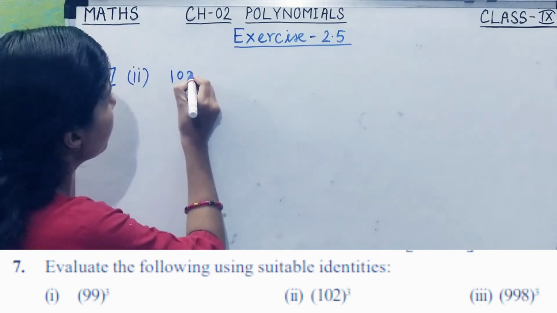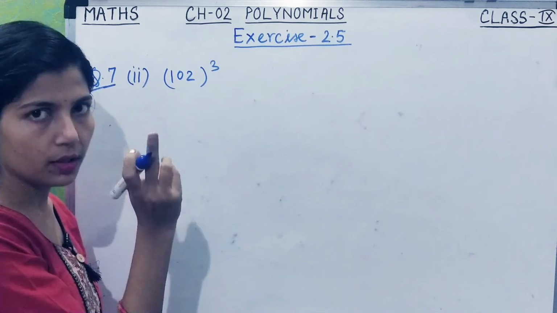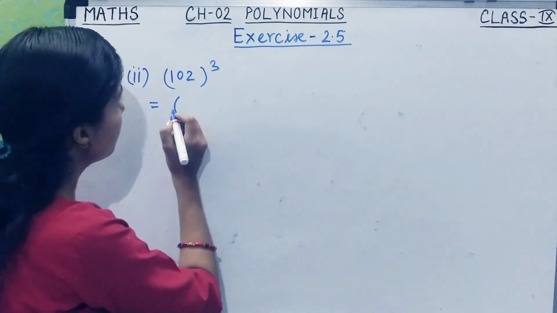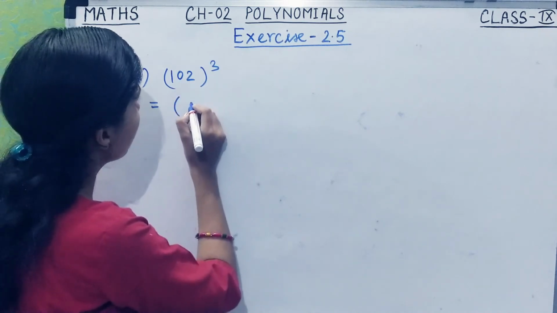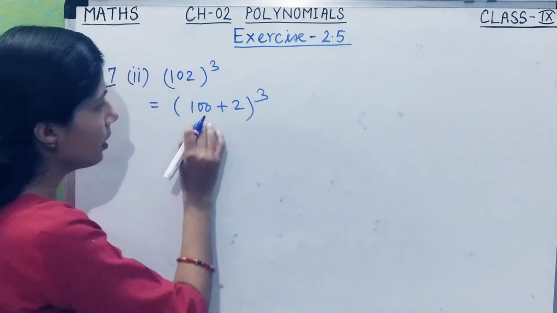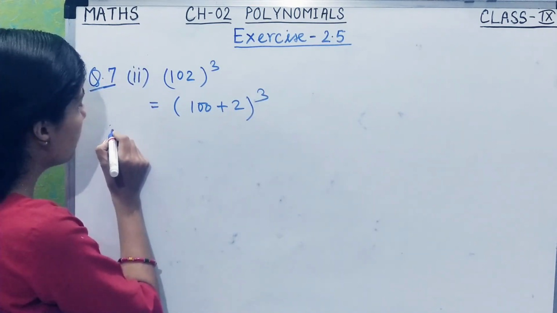Okay, now second part is 102 whole cube. So this is also one term, so we have to convert it into at least 2 terms. So 102 we can write as 100 plus 2, whole cube. Now this is an identity form, that is identity number 6.